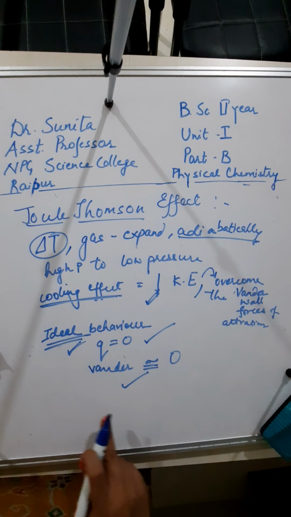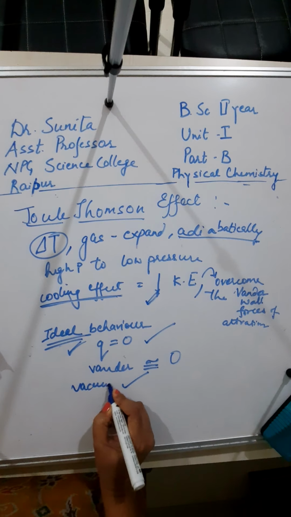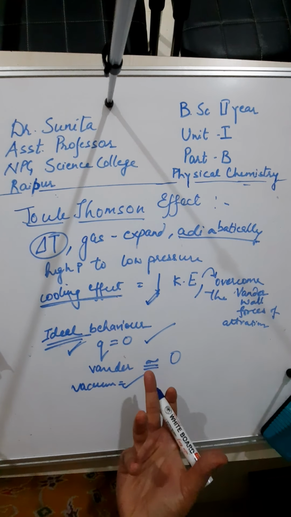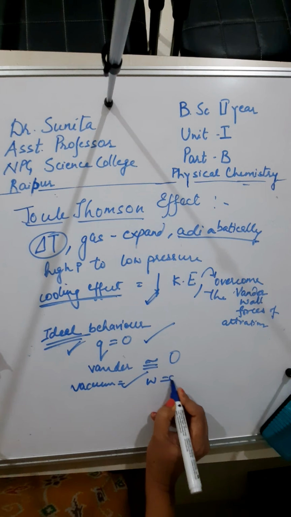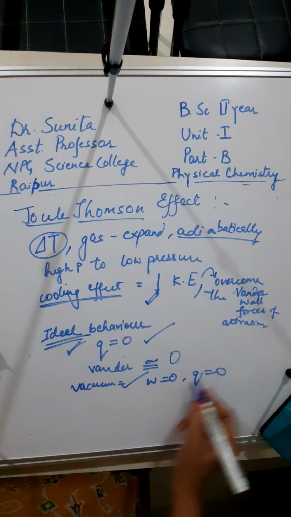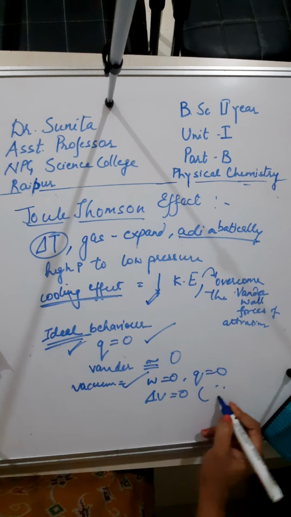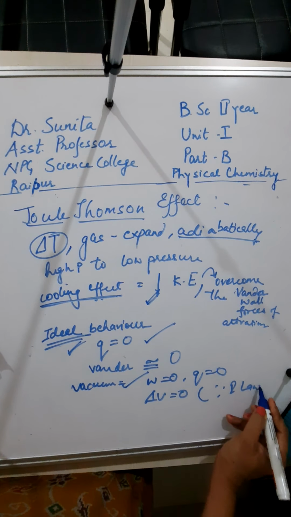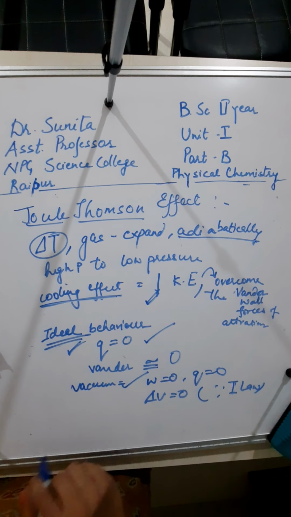Further, when an ideal gas expands under vacuum, there is no work done. So work done is 0 and Q is 0. So the change in internal energy automatically becomes 0 from the first law of thermodynamics.